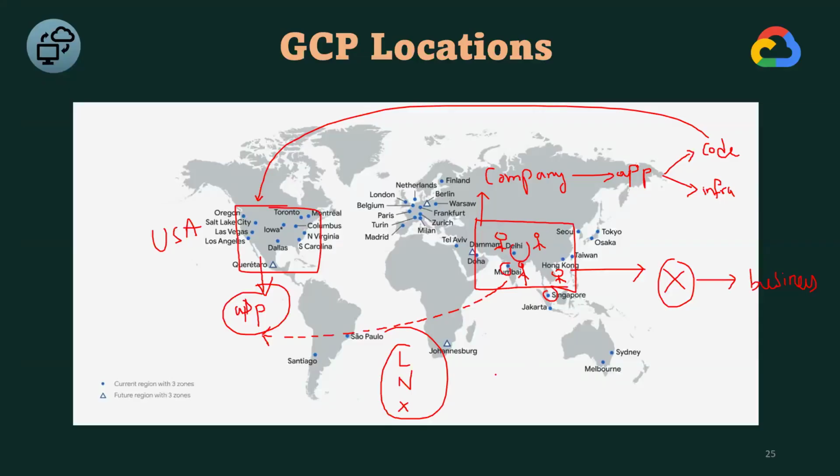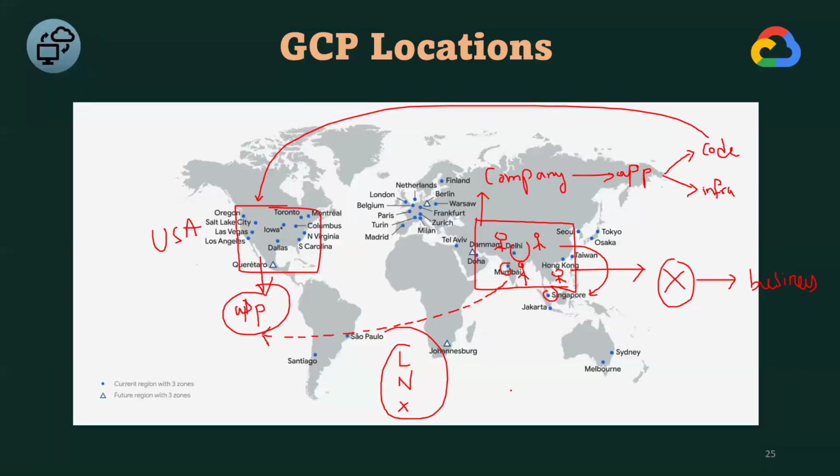All these are in Asia, right? So you can always deploy your resources near your target users, so that connecting to the application from India to the Indian data centers is very easy, very fast, and highly available. There won't be any network lag.